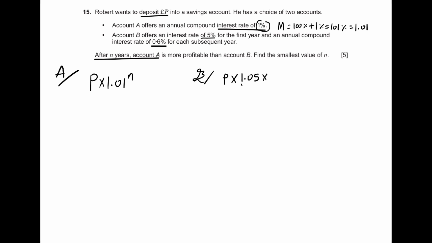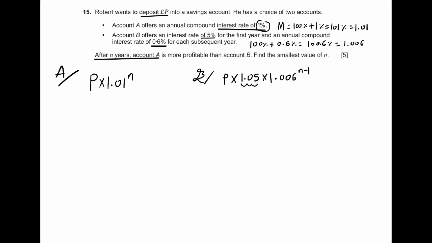So the 1.05 accounts for 1 year, and then it's 0.6% for every subsequent year. So the new multiplier for those n minus 1 years is going to be 100% plus 0.6%, which is 100.6%, which is just 1.006. So we're going to have 1.006 to the power of n minus 1.